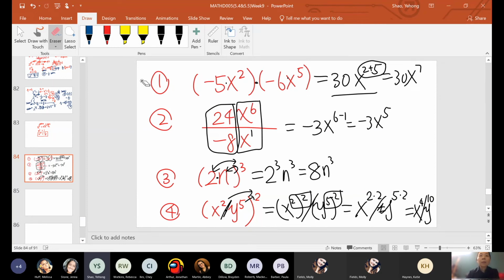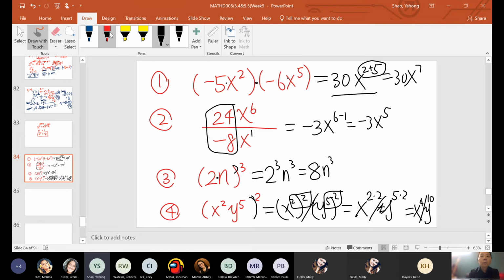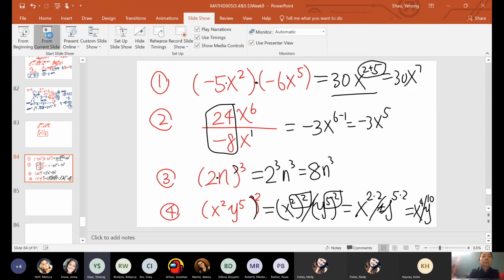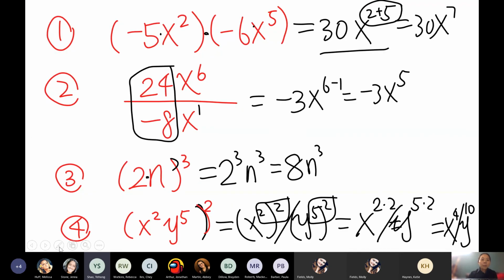Let me just make small changes on these questions we just did. Okay, let me change this from positive 2 to negative 2, positive 5 to negative 5.